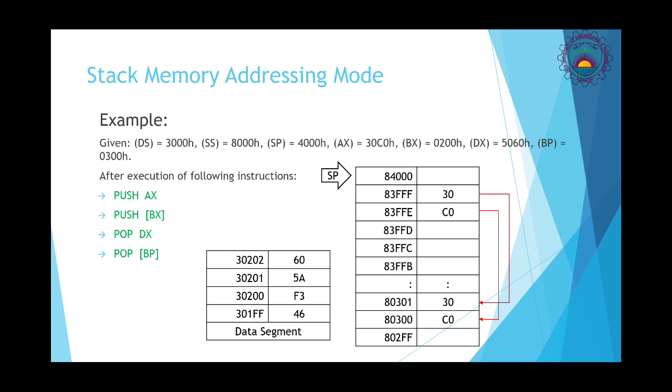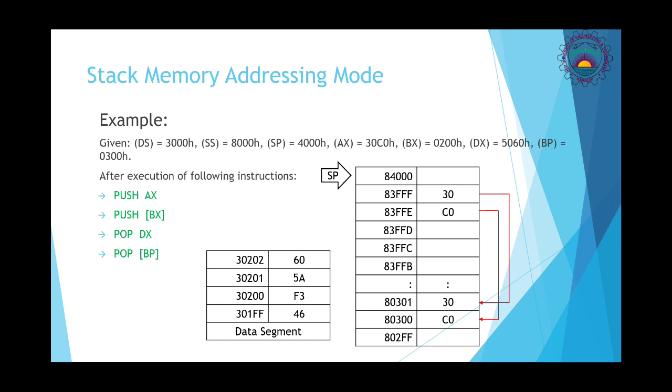So before execution of this instruction, SP is pointing at 83FFE. So from SP location, a byte will be moved at BP address within stack segment, and from SP plus 1 location, that is 83FFF, a byte will be moved into stack segment at offset BP plus 1.